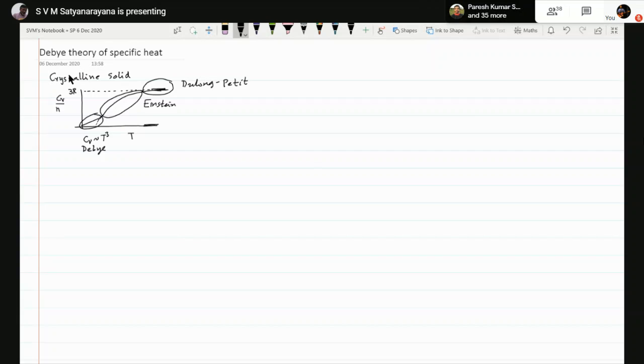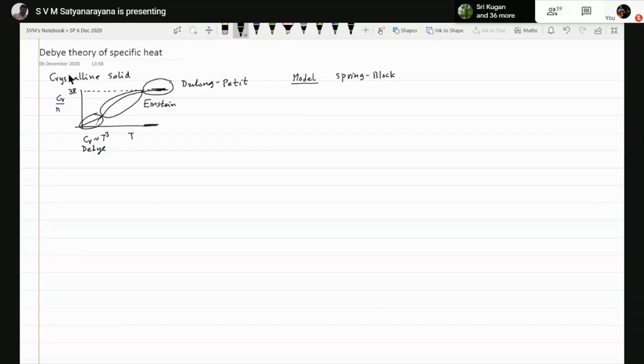Now, if you remember, the model that we have been following is essentially a spring-block model, where the bonds are modeled as springs and atoms or molecules are modeled as blocks.